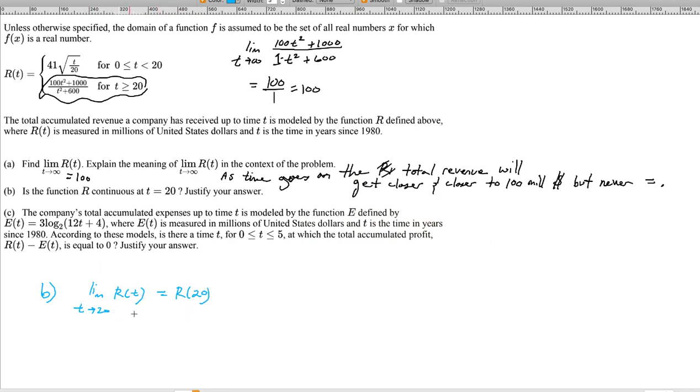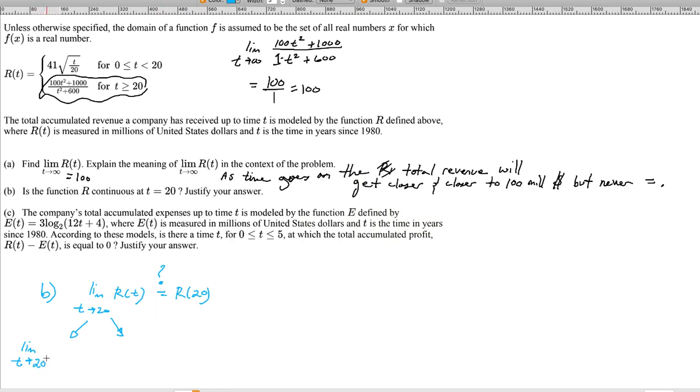And that would imply that r is continuous at t equals 20. In order to determine whether this is true or false, you need to evaluate this limit, and you want to consider 2 pieces. If this is true, then it is continuous. If it's not, then it's not continuous.